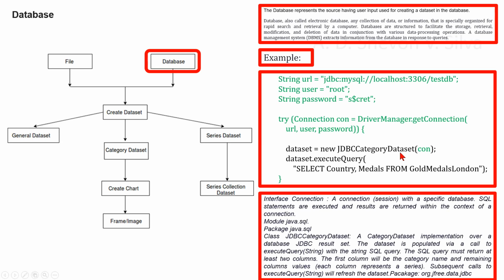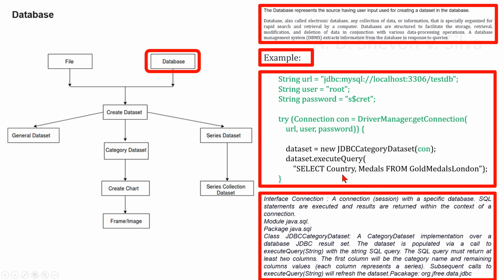The dataset is populated via a call to executeQuery(String) here with the string SQL query. The SQL query must return at least 2 columns here. The first column will be the category name and the remaining columns are values for the chart.